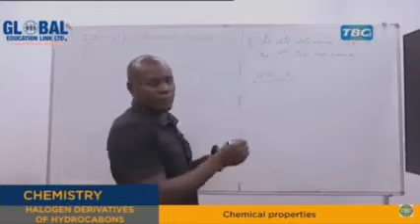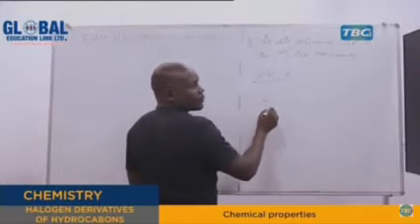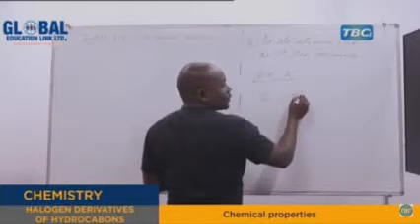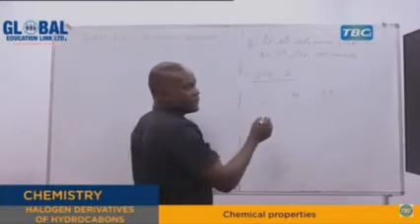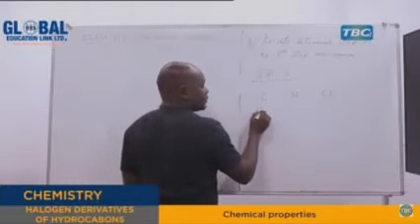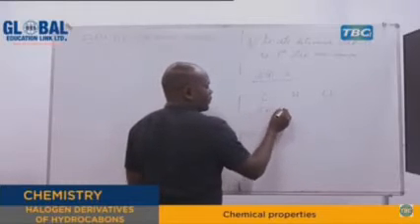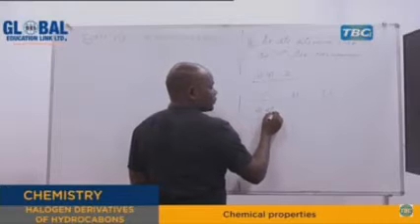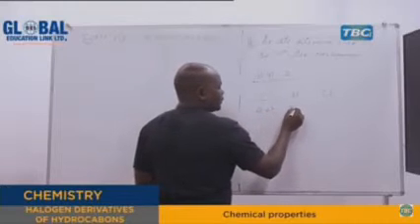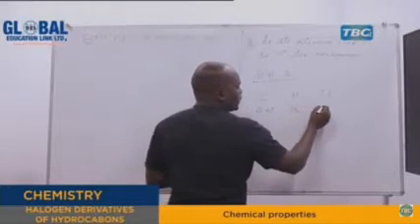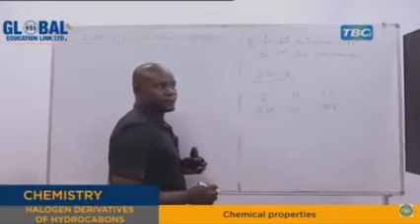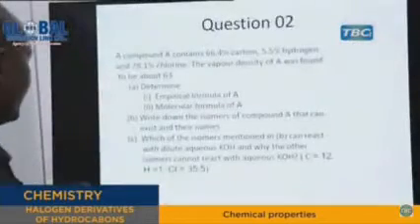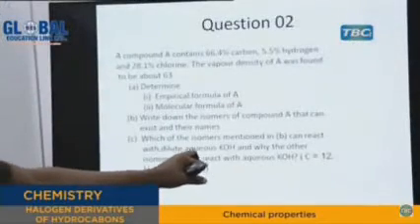The compound contains carbon, hydrogen, and chlorine. The percentage of carbon is 66.4, that of hydrogen is 5.5, and that of chlorine is 28.1.